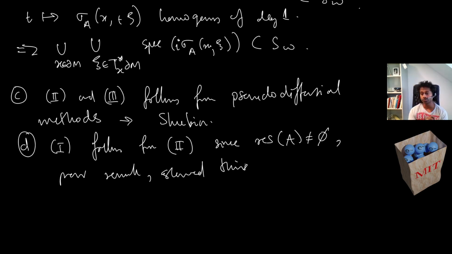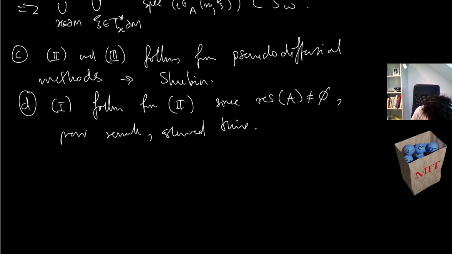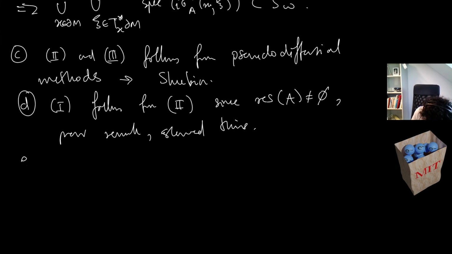That we get discrete spectrum satisfying the conditions we want if we have a differential operator with a non-empty resolvent set. Okay. And so the last point, I'll leave as an exercise. So is it 0.4? Yes.